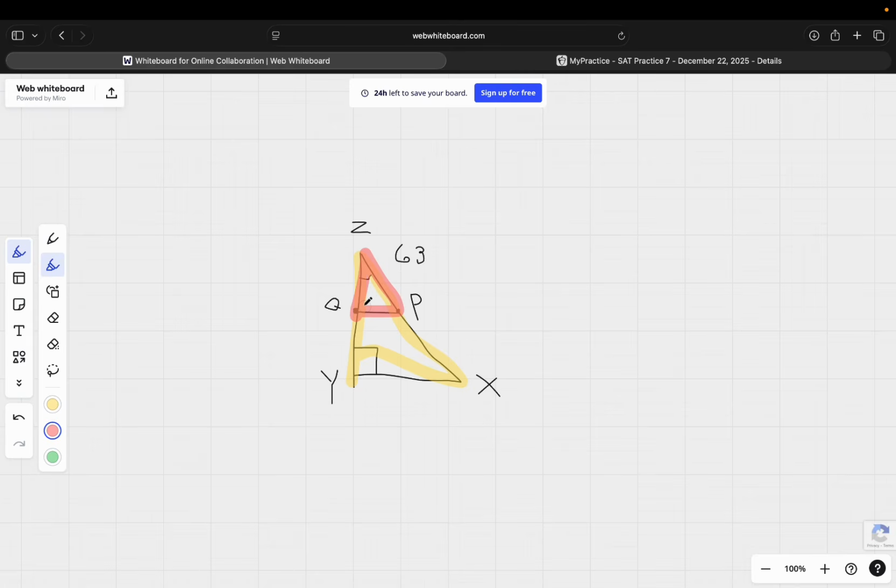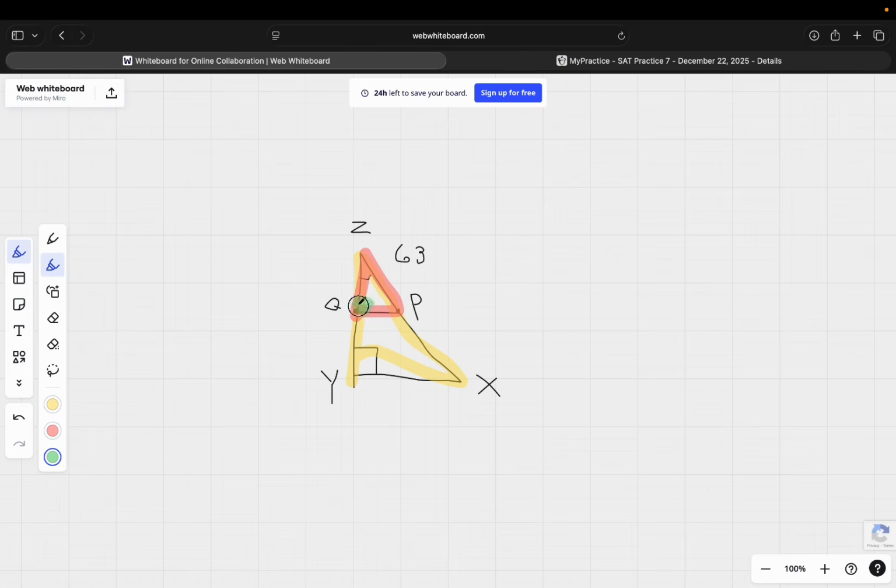So here, what you can do is realize that this is going to be 63, right? Both of these have 63. This angle right here for the smaller triangle is going to be 90 as well, right?